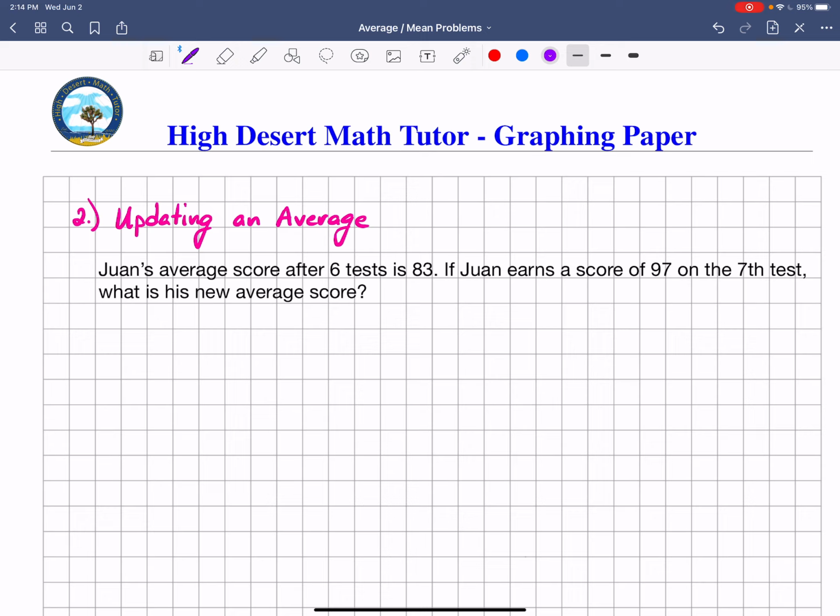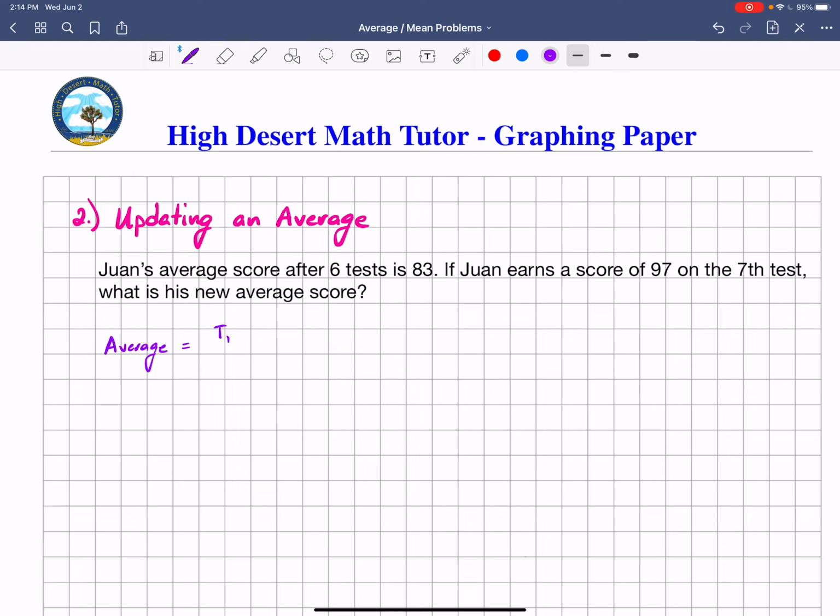Before we even read anything else, let's ask ourselves, what would the average formula look like for this information? Well, the average is going to be the average of 6 tests.